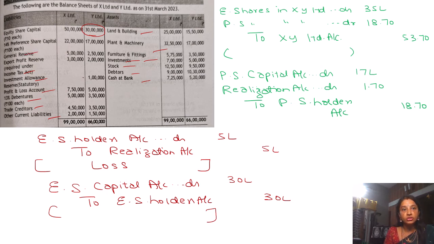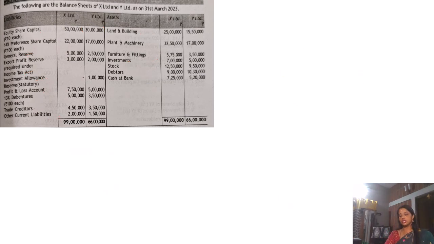You also closed preference share capital, now you closed equity share capital. So every item in the old balance sheet should be closed and transferred to their respective accounts and then close the old company's balance sheet. So once you transfer equity share capital, so this is merger, you are transferring only equity share capital to equity shareholders account.